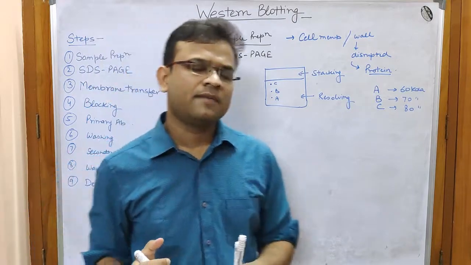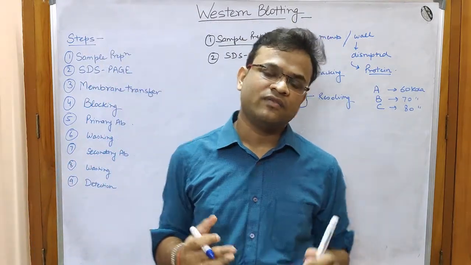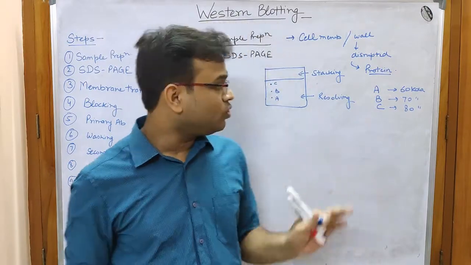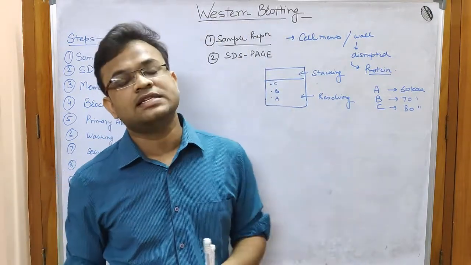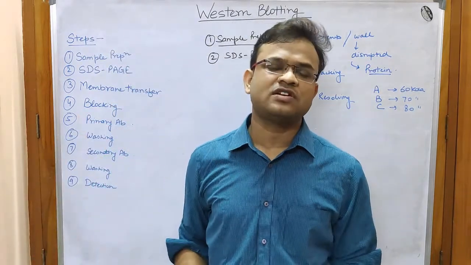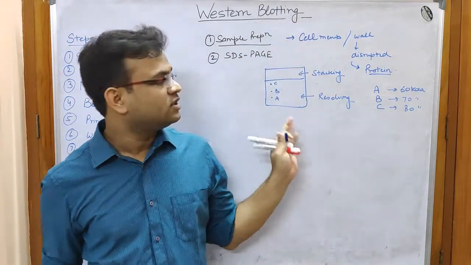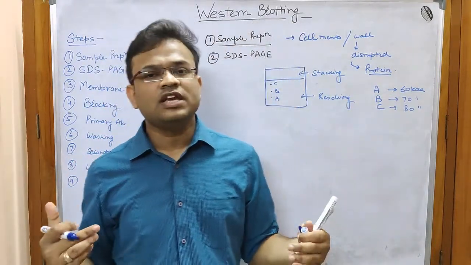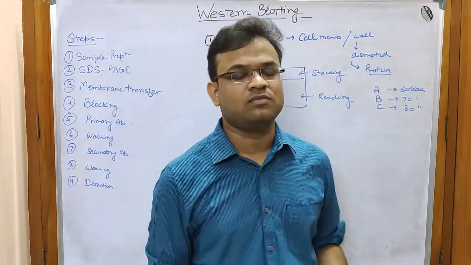So now a point comes: we have already separated these proteins, and we already know that our proteins A, B and C are present on the SDS-PAGE gel. Now what is the use of Western blotting? You have already identified that your protein is present, so why do we need to go one step ahead to Western blotting?